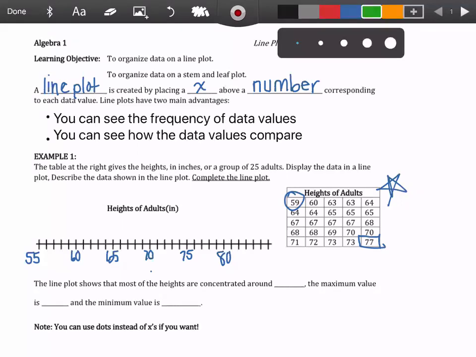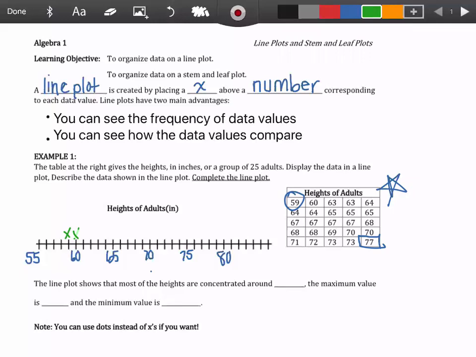So now we go through the list and we're going to place X's above every single number that we have. So 59, we're going to place an X above 59. 60, we're going to place an X above 60. 63, there are two 63s.